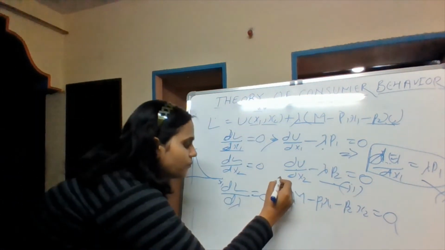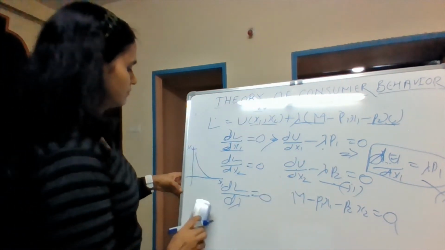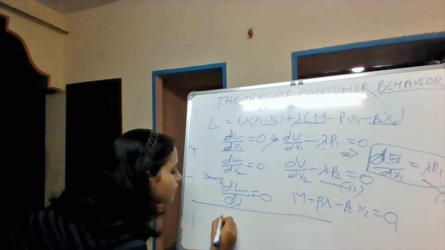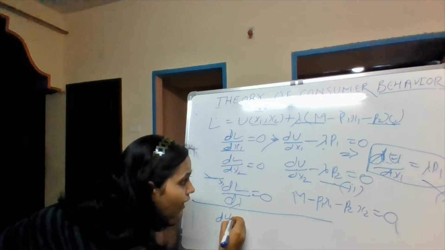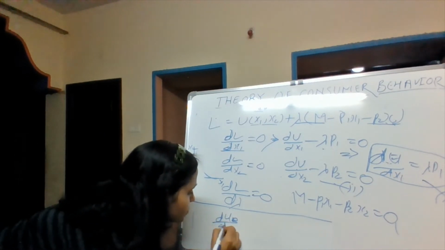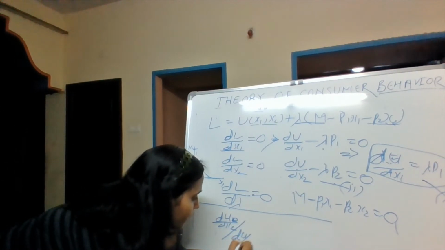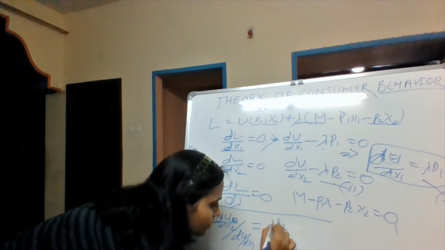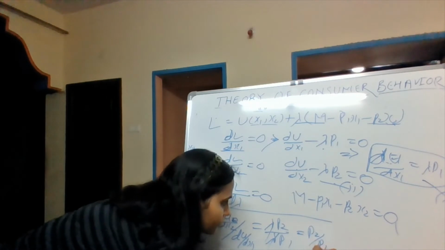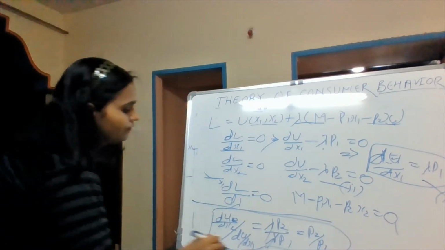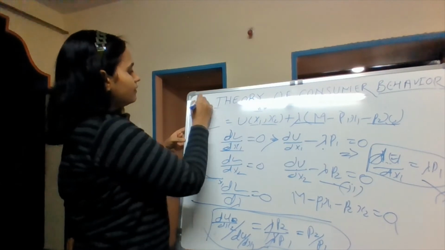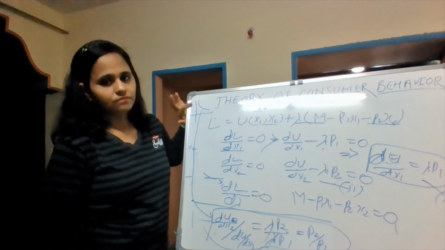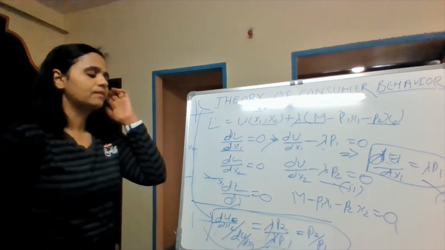If you divide, du by dx2 divided by du by dx1 equals lambda p2 by lambda p1, which is p2 by p1, right? So this is basically the slope of this graph, which is your indifference curve, which is p2 by p1.